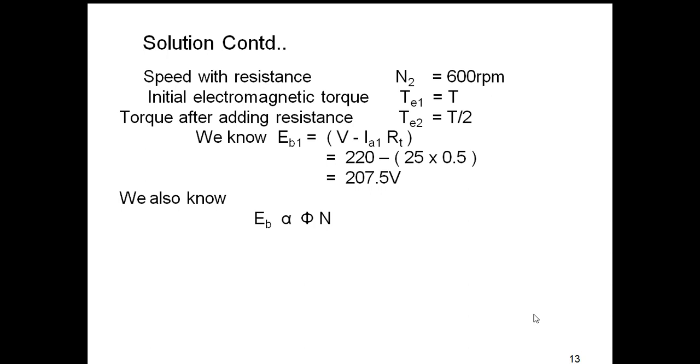From that equation, we can write EB is directly proportional to phi N, where phi is the flux per pole in Webers and N is the speed with which the motor rotates.